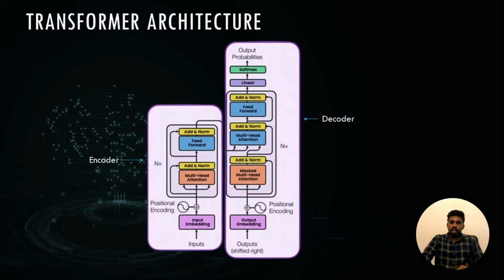So what positional encoding does: unlike traditional models like RNNs and CNNs, these models can't do multiple tasks simultaneously. Because of that, the researchers came up with this transformer architecture. The positional encoding provides the position of each token in the sentence.